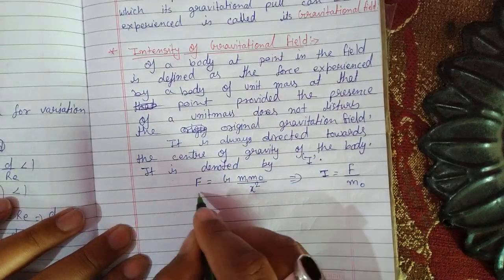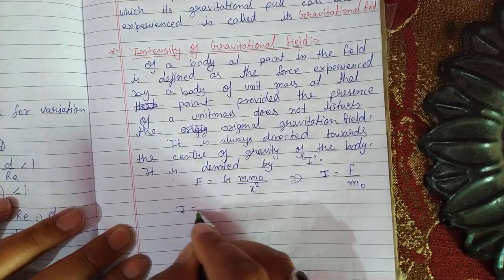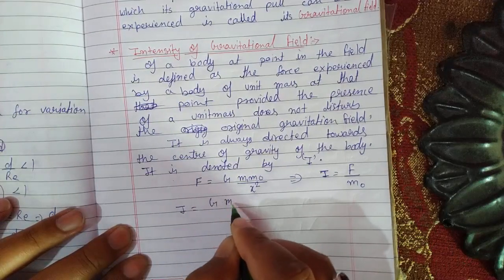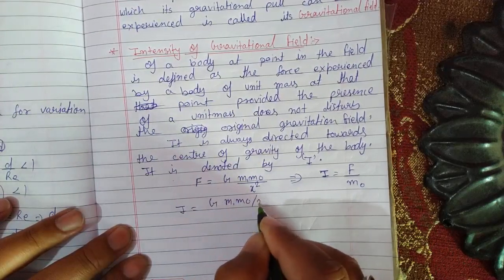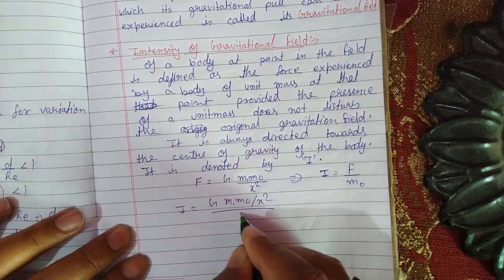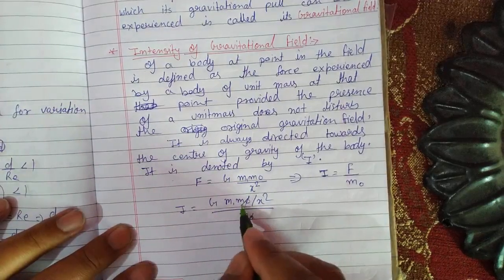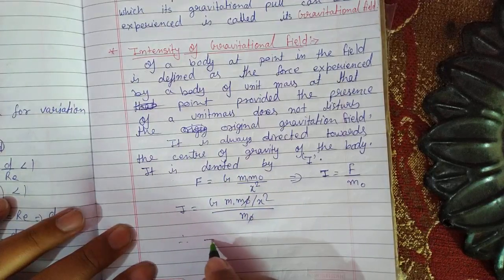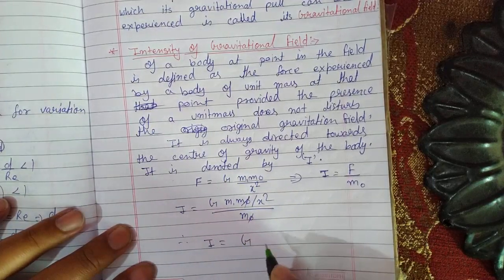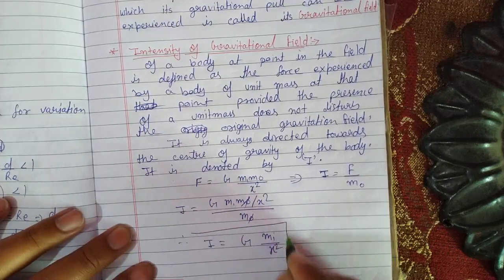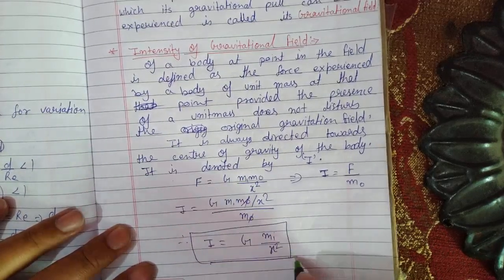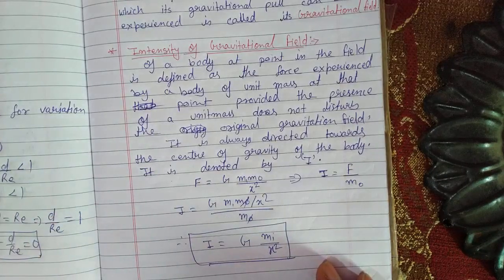Now, by putting this value of force, we get G m1 m naught upon x square upon m naught. So this m naught is cancelled. Okay, so we will get the result G m1 upon x square. This is the intensity of the gravitational field.